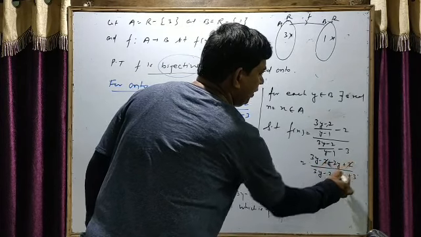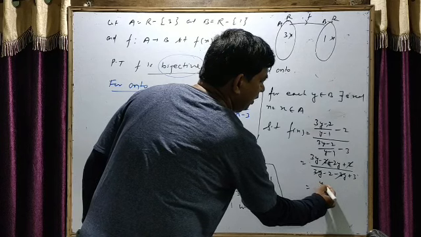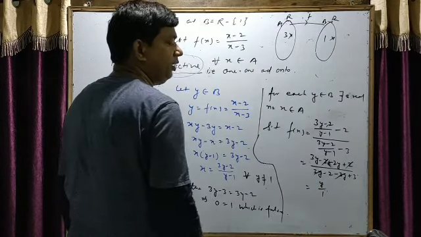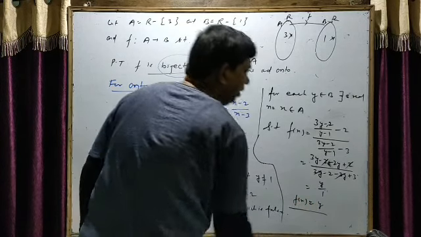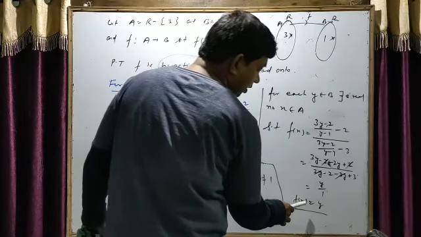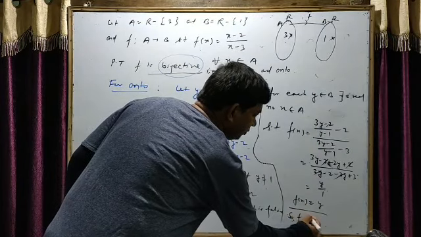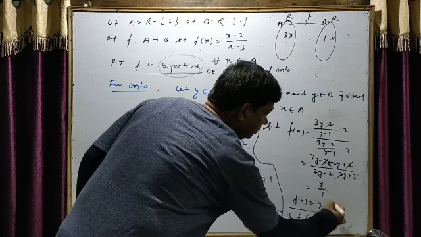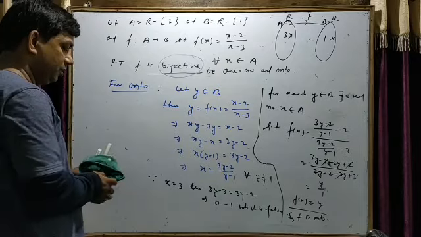Now you see this 2 cancels, 3y cancels. So y, and denominator is 1. So it is y. F of x equal to what? Y. So what I have to say, this function is onto because range equal to codomain. So f is onto. So this is the required proof. Now you write.